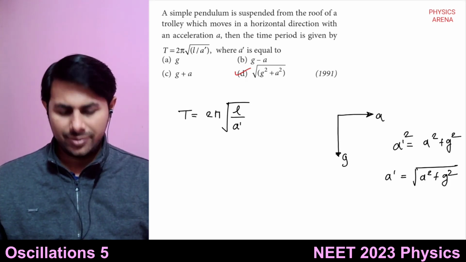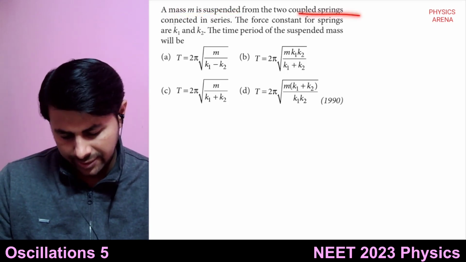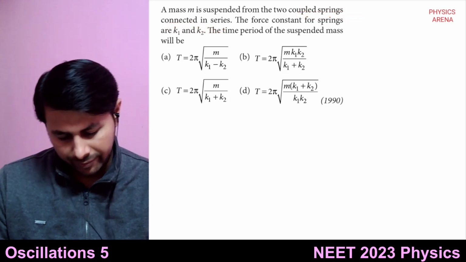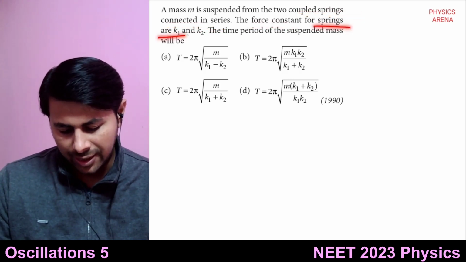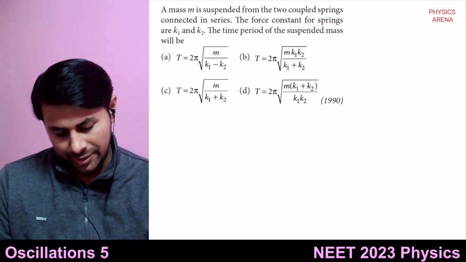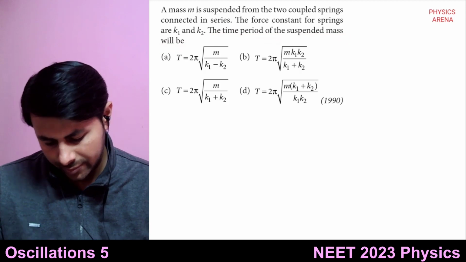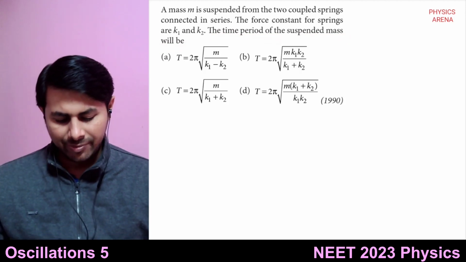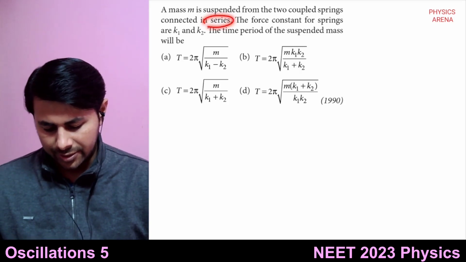This is clear, no? The mass m is suspended from two coupled springs connected in series. The force constants for the springs are K1 and K2. The time period of the suspended mass will be... Coupled springs means they are connected in series, it's given.